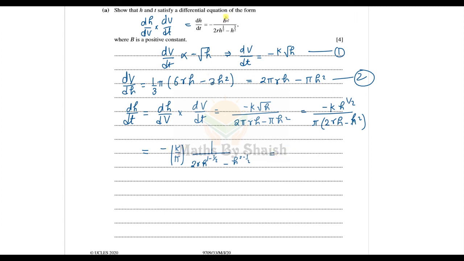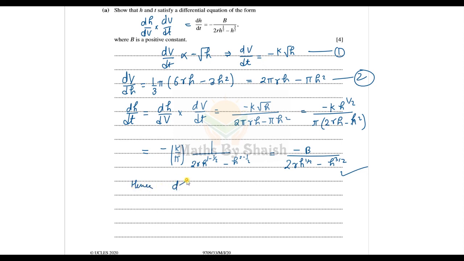Because it's given in the form of b, I can take it as minus b, and b is a positive constant, over 2r h to the power 1 by 2 minus h to the power 3 by 2, and hence it means h and t are satisfying this equation.